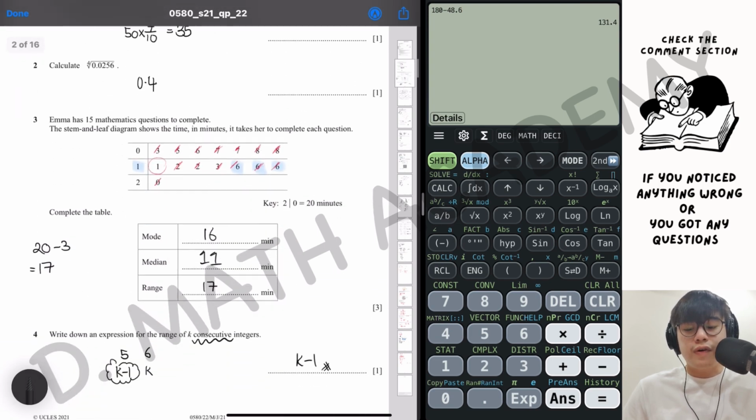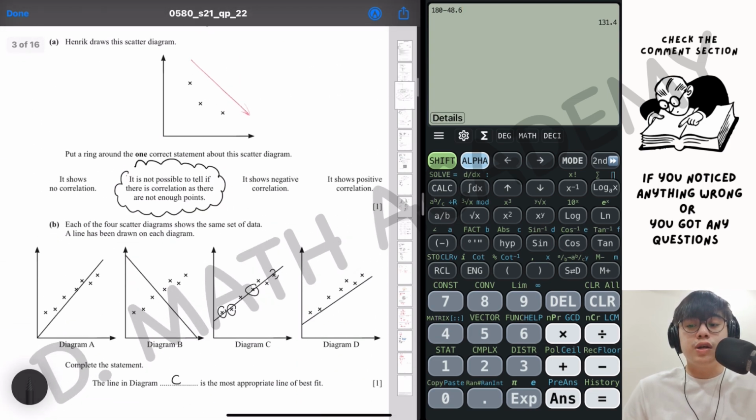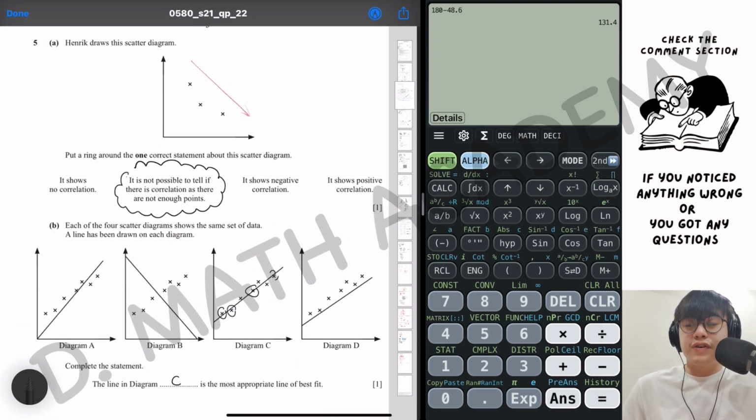Don't fall for this kind of trick question here. So far this is the first time they assess this in depth on the scatter diagram, but the marks allocation wasn't too much. So even if you mess this up, it won't really affect your final score.